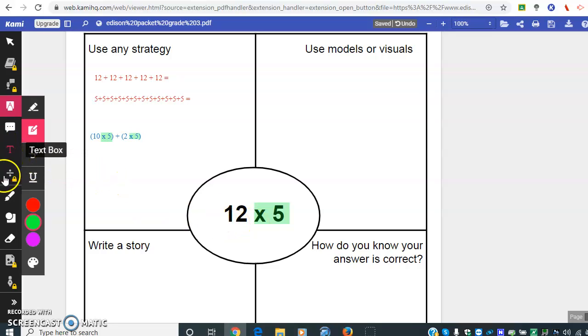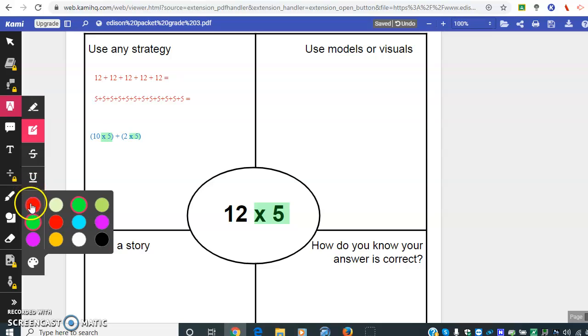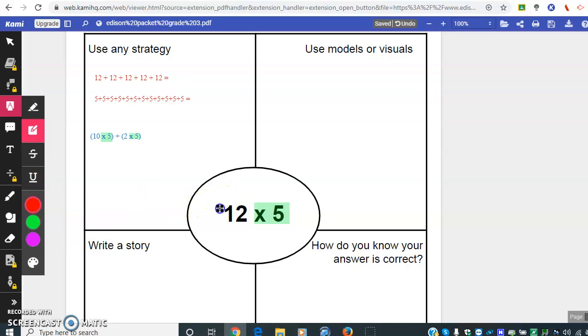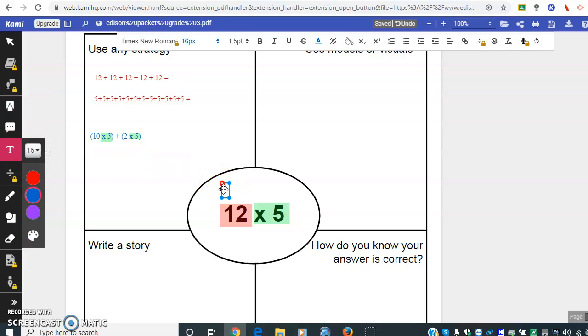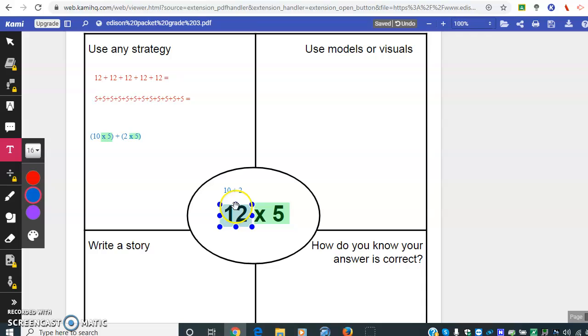So what I did is I decided that 12 would be easy to break into 10 plus 2. 10 plus 2 is an easy way to break 12. So I put 10 in the first parentheses times 5. And then I took the 2 and put it in the second parentheses, 2 times 5.